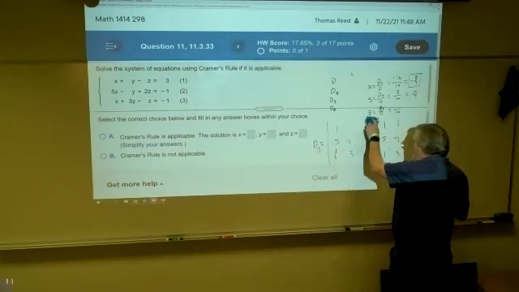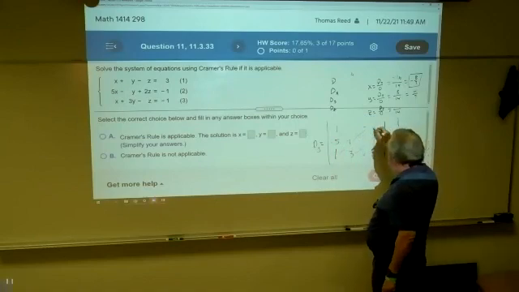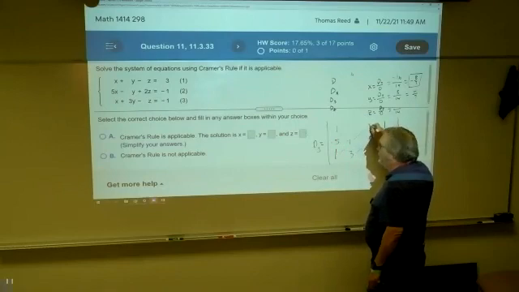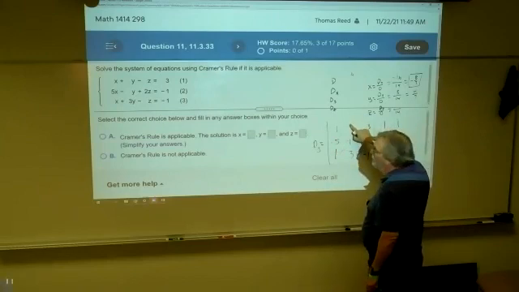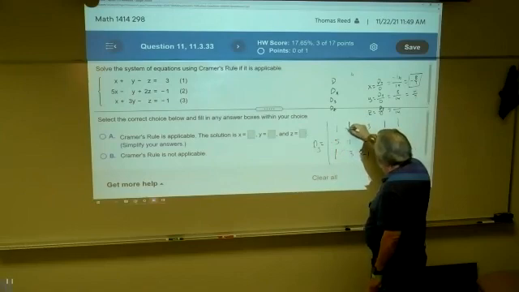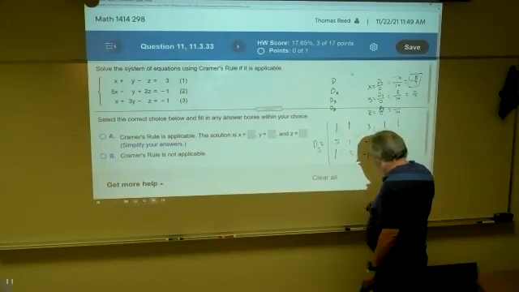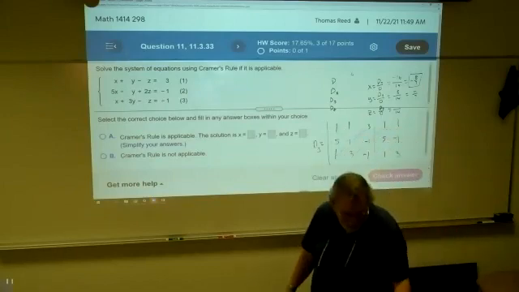Now the third column becomes the constants. So I'm replacing the -1 with a 3, and the 2 with a -1, and the -1 with a different negative. And so now we do those diagonals.